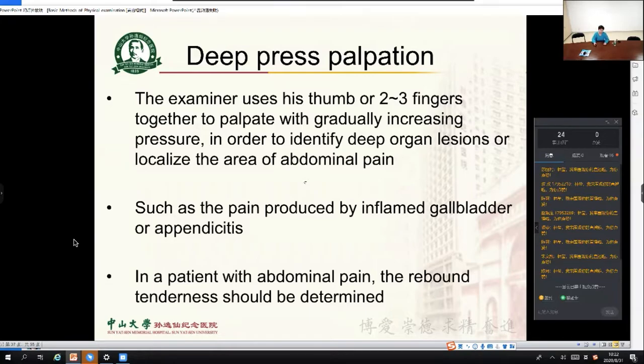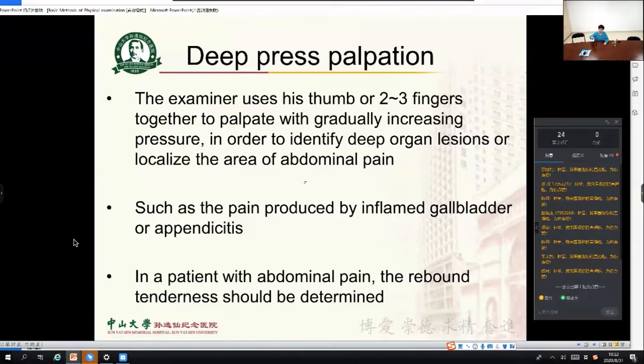The other method for deep palpation is the deep press palpation. The examiner uses the thumb or two to three fingers together to palpate with gradually increasing pressure in order to identify deep organ lesions or localize the area of abdominal pain, like the inflamed gallbladder, as well as appendicitis.